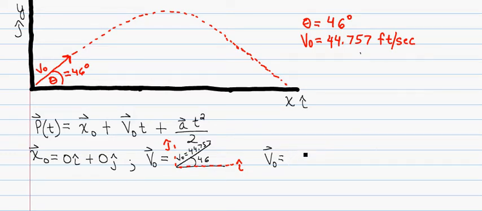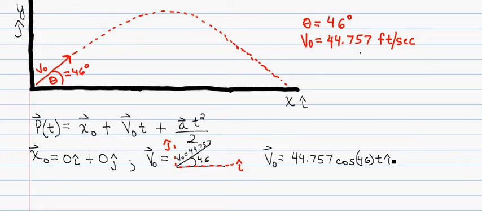Using trigonometry, we can say that v naught, or 44.757, times cosine of the angle, times t, times the unit vector i.